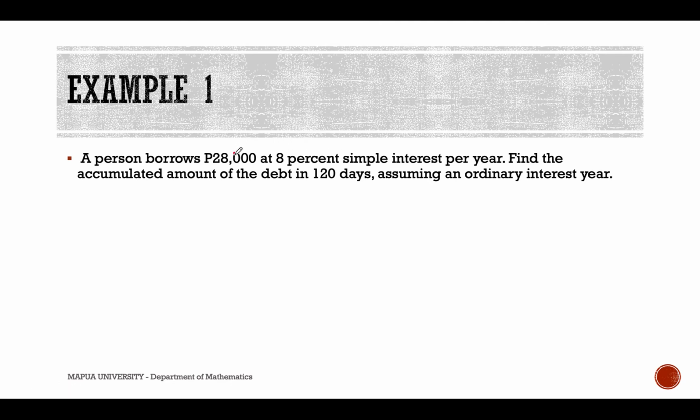So we'll take this as your capital or the principal or the present value. This will be our R, which should be in the decimal form. So 8% is 0.08.